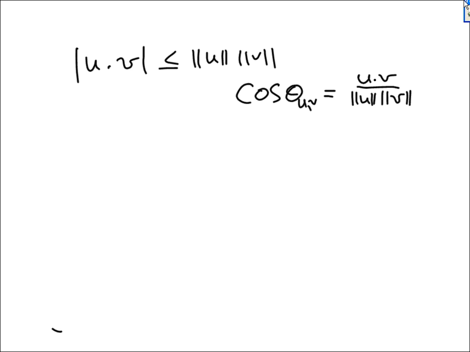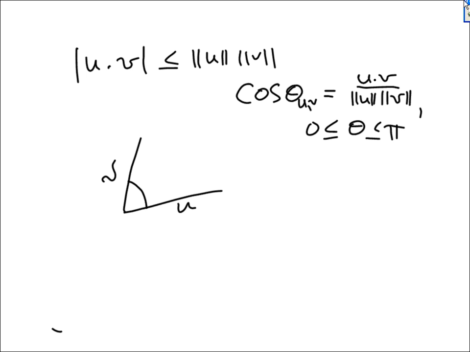Oh, I do want to say one last thing. I should have a comma here and say that theta is in between 0 and pi. So why not bigger than pi? Very, very simple reason. If this is u and this is v, there's really two angles I can talk about. I can talk about that angle, or I can talk about that angle. We always talk about the smaller one, okay?